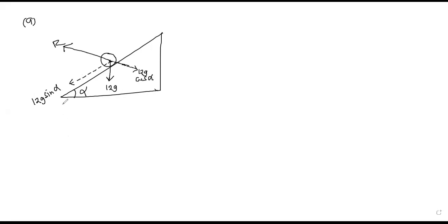All right. Then they are saying a smooth inclined plane, which is 6 meters long and 1 meter high. The mass is connected by a light inextensible string which passes over a smooth pulley at the top of the plane. So at the top of the plane, we've got a smooth pulley where the string is passing, and in this string there is a force that we call tension.